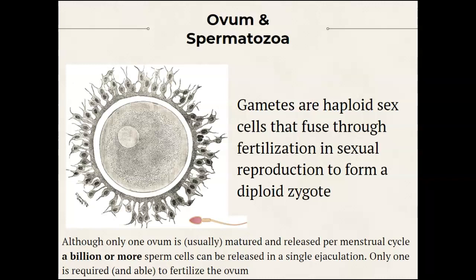So there's a huge discrepancy between how many eggs a biological woman has when released, right? There's only a set number of eggs in their lifetime, whereas sperm cells, they're just like a factory and never stop being made. A billion for every single ejaculation. Like, that's crazy. That's so many cells.